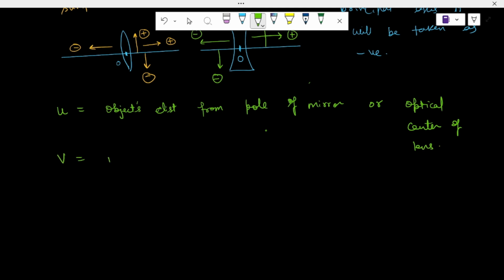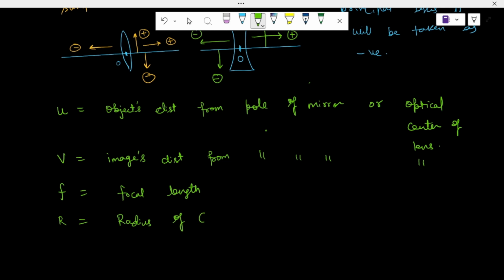V is image distance, similarly from the pole of mirror or optical center of lens, right? F will be the focal length as per our requirement, and R the radius of curvature. This we already know, but again for revision I have told.